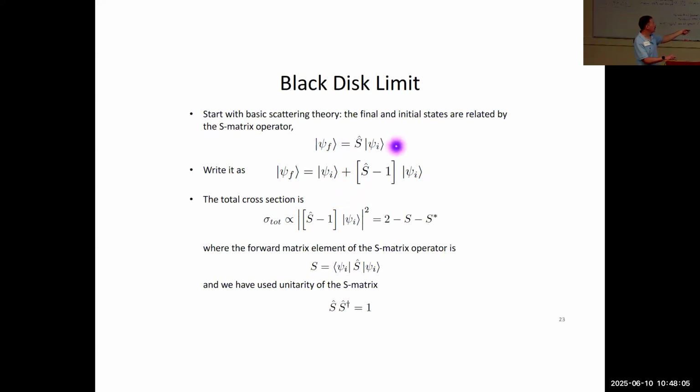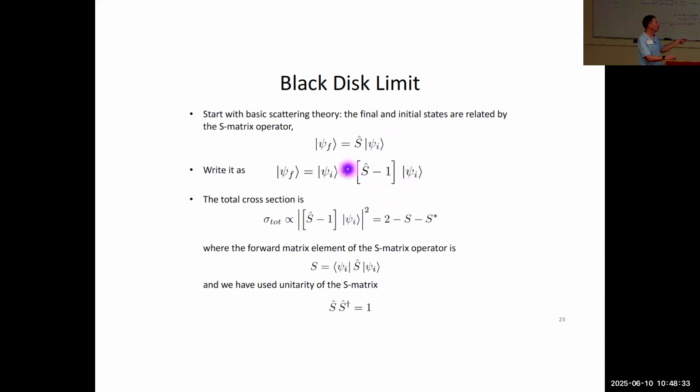So you start by saying, suppose you have some scattering process, you have the initial state and final state, and they're related by the S matrix, right? The S matrix operator, with a hat, is like a time evolution operator, takes the initial state and converts it into the final state. In scattering theory, we write this final state as the initial state plus a correction, which will be S hat minus 1 acting on the initial state, right? So this is the scattered part of the state.